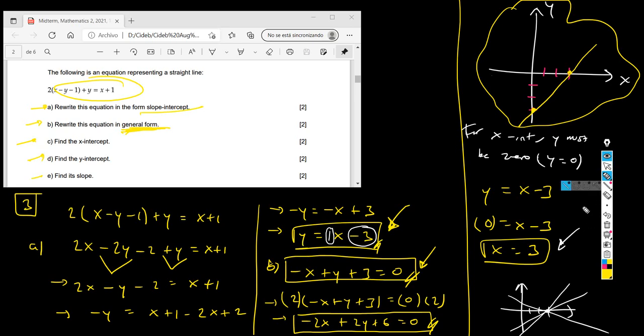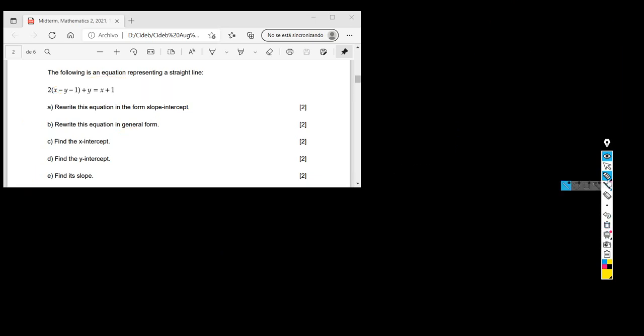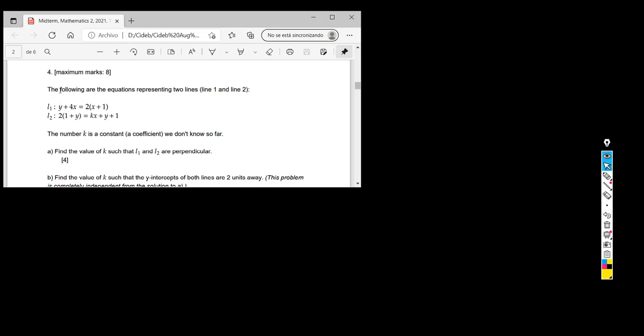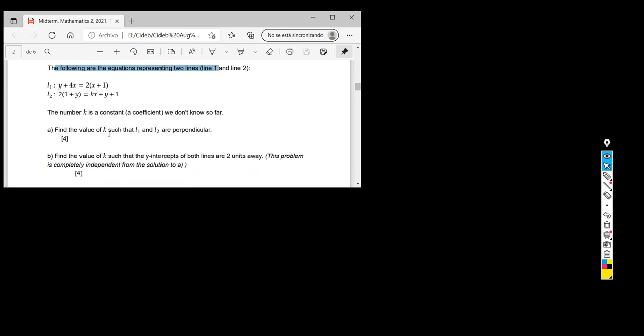Listen very carefully to everything I say, like I often tell you, and let's continue with the next problem in a moment. Problem number 4. The following are the equations representing two lines, line 1 and line 2. Here they are. And I ask you two questions. This one has no solution, but this one does.